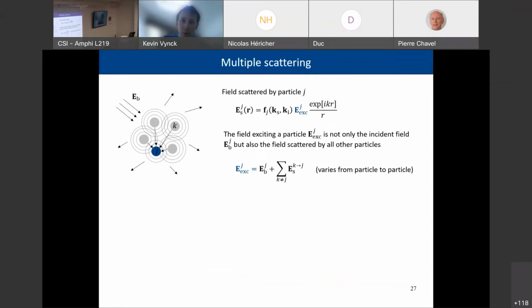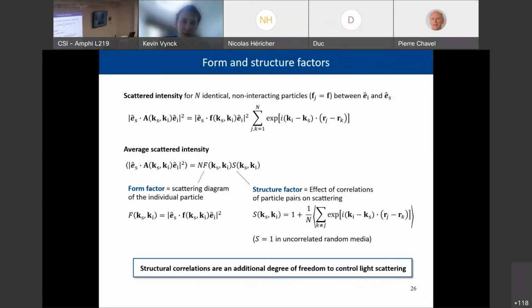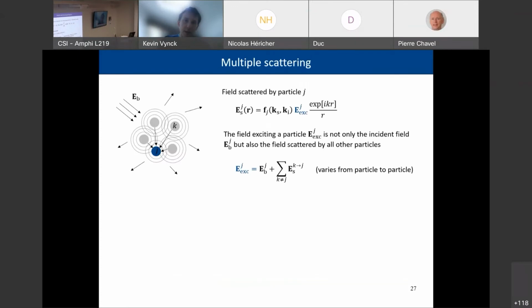So when presenting this small formalism here, I started by saying that we assume that each particle is being excited by the incident field. So in fact, we neglected the effect of multiple scattering, which can be very important if you have a very dense system of particles.